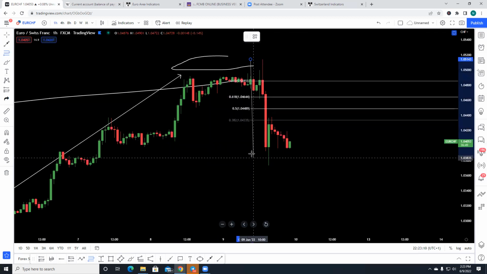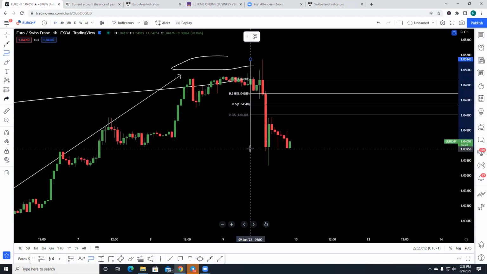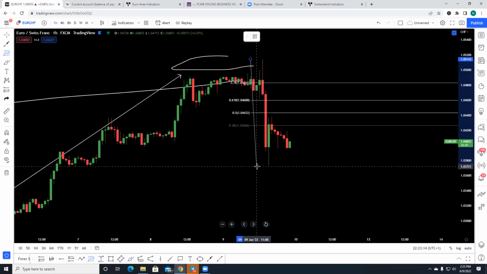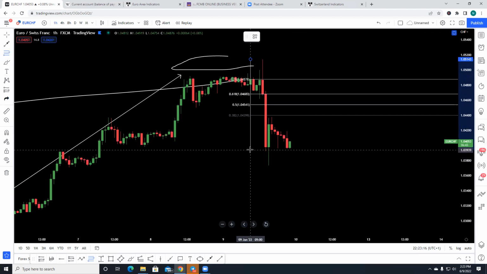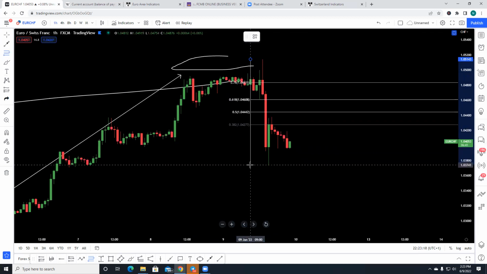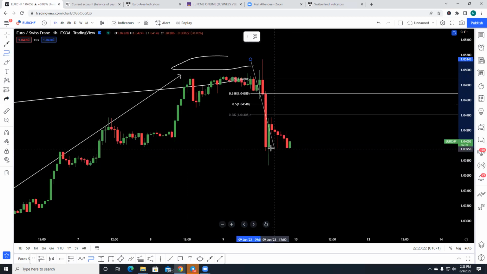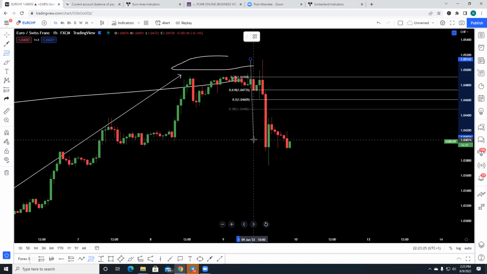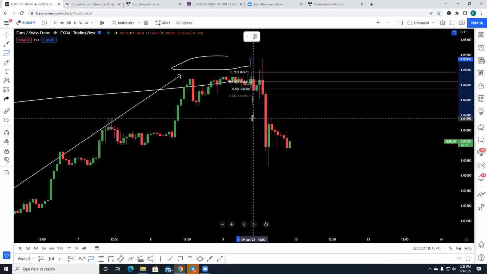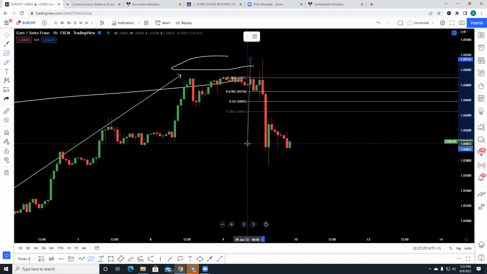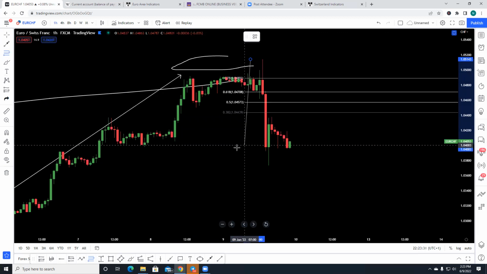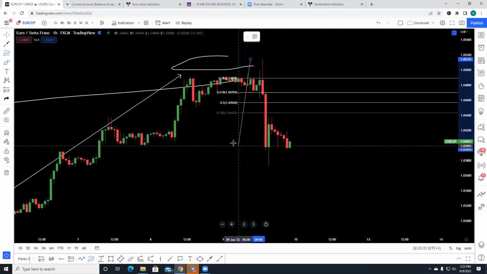It's an impulse. So this impulse is going to end here, guys, not here. Why are we ending the impulse here and not here? Because if we come here, we are fibbing, we want to fib correction as part of the impulse. And it's not going to give us an accurate reading. So let's try it, guys.